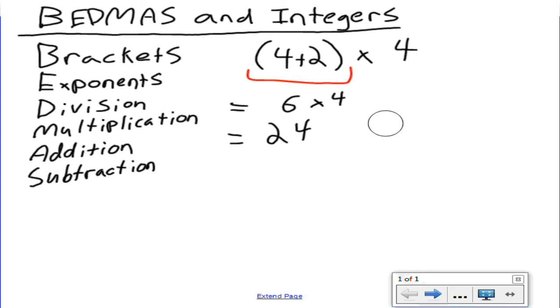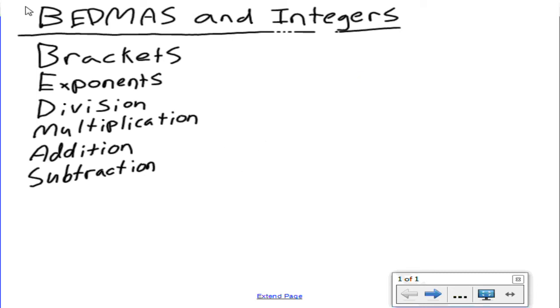Finally, with exponents, 2 plus 3 inside of a bracket squared times 4. Our first step is the bracket, the B in BEDMAS.